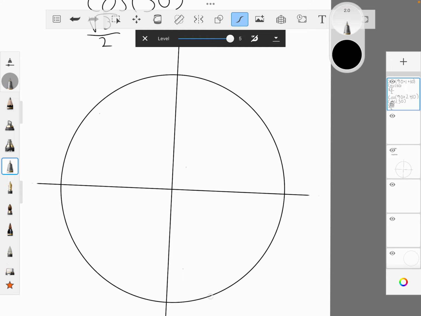So now, we basically draw, actually we don't draw, we just do a 120-degree angle. While this might not be an accurate 120-degree angle, let's just say that this is a 120-degree angle.